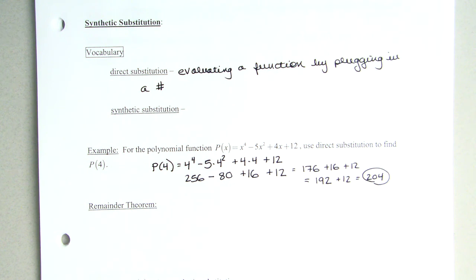You're going to be using a new method of kind of plugging in that's actually going to let us deal with smaller numbers and may let us deal with this stuff easier, especially if we don't have a calculator, called synthetic substitution.